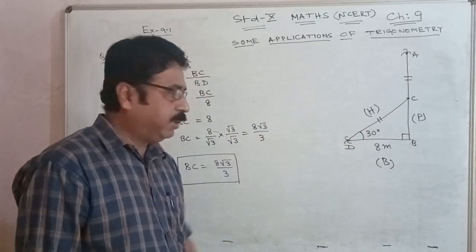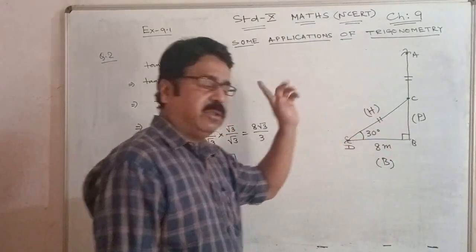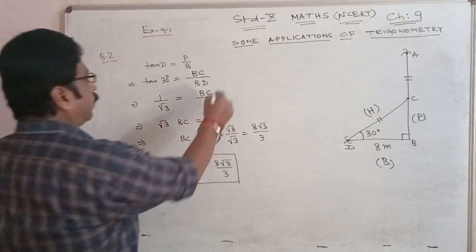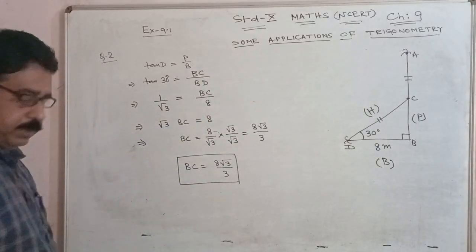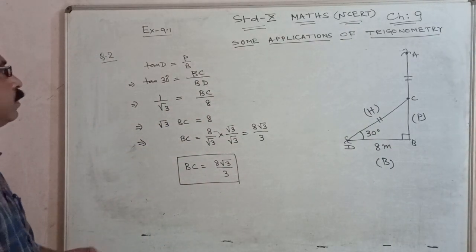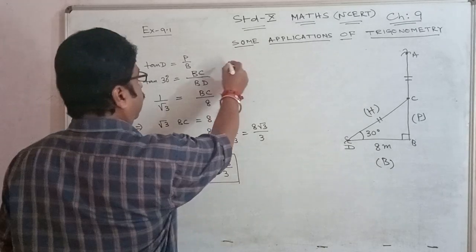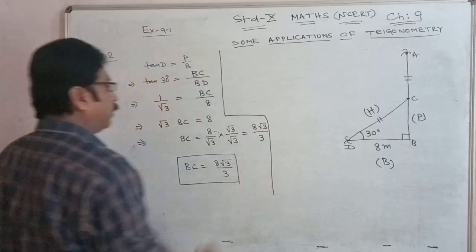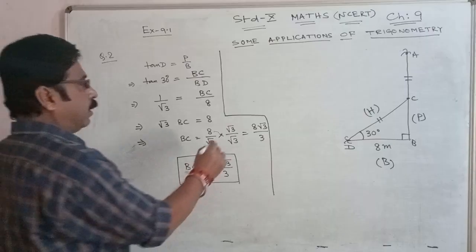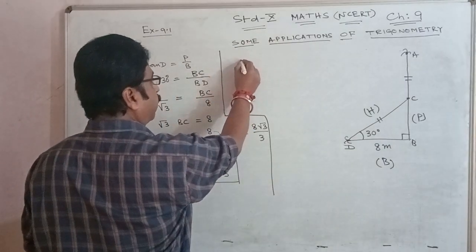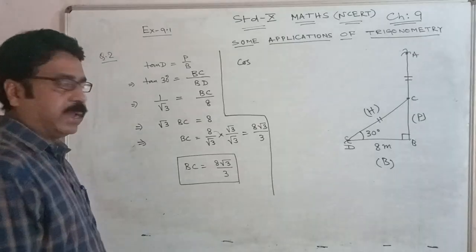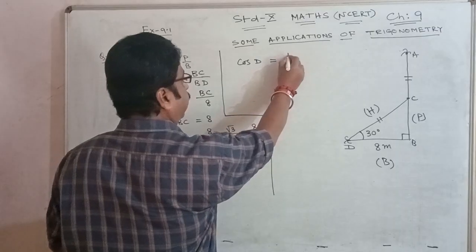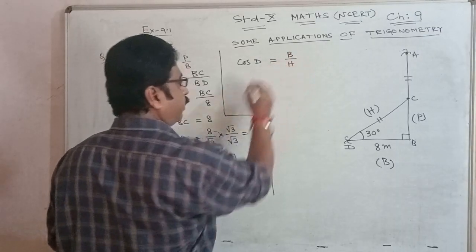Base upon hypotenuse we can use this, or perpendicular upon hypotenuse also we can use, because perpendicular is known now. Suppose cos trigonometric ratio, that if we use cos D is base upon hypotenuse.